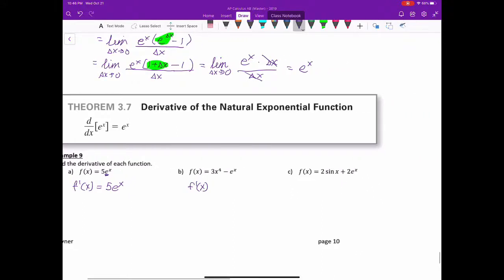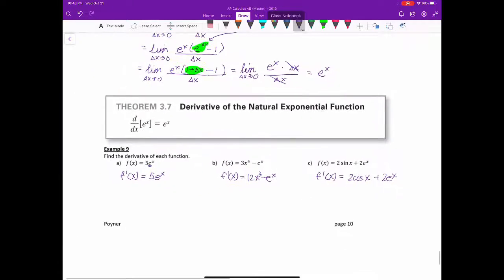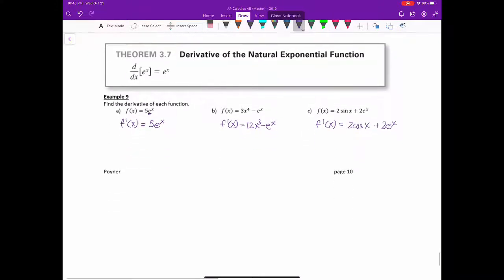Now you try b and c. Hit pause, and then do b and c and see if you agree with me. All right, there we have b and c. And that's it.